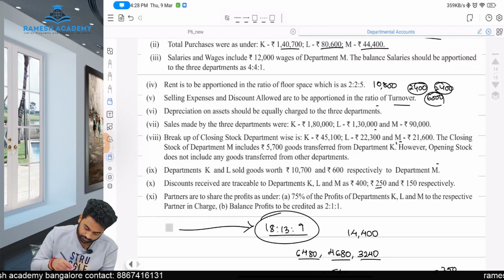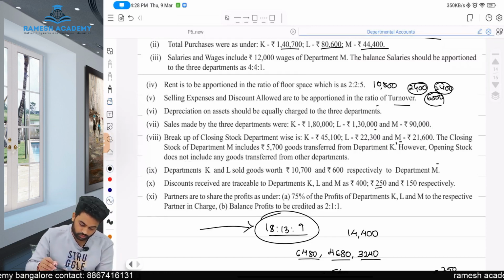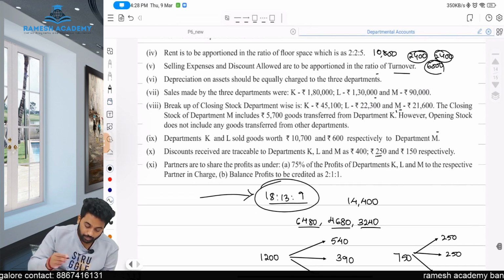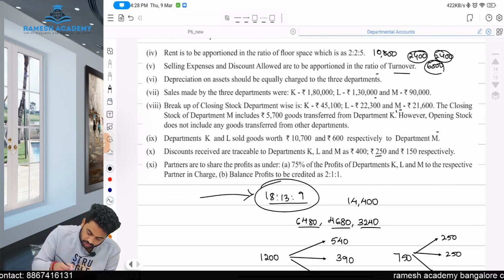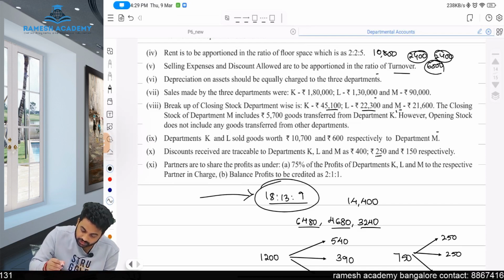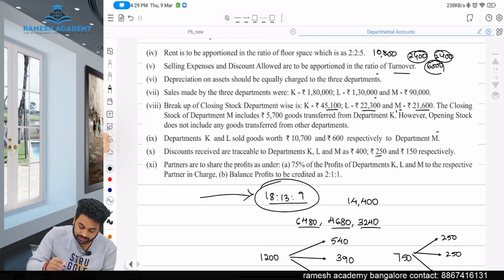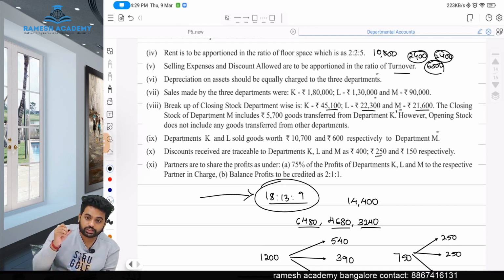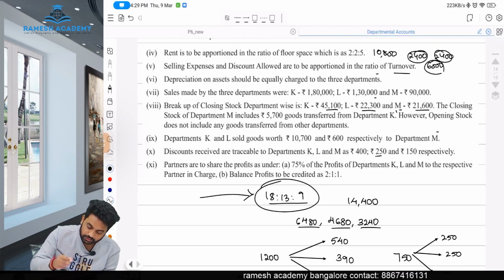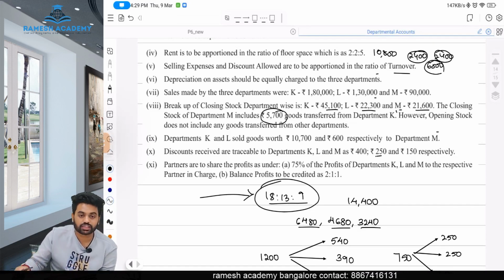They are telling so many things. Breakup of closing stock department wise: K 45,100, L 22,300, M 21,600. The closing stock of department M includes 5,700 goods transferred.